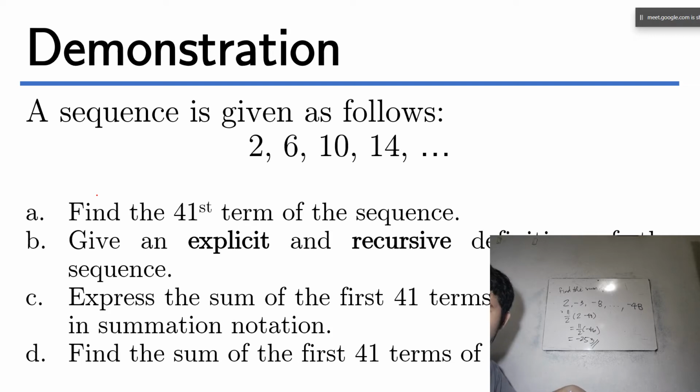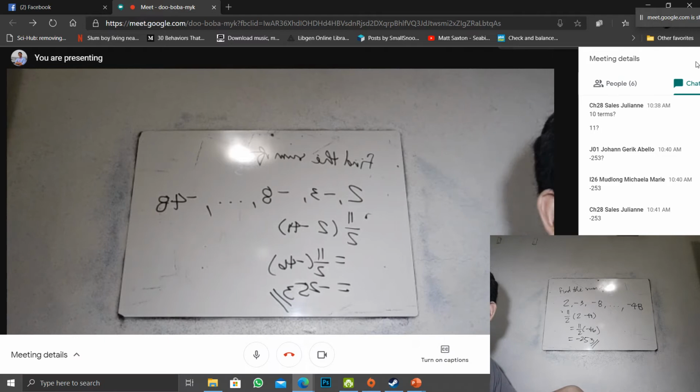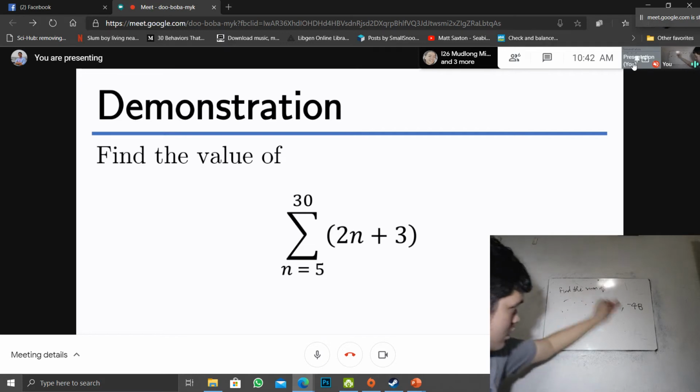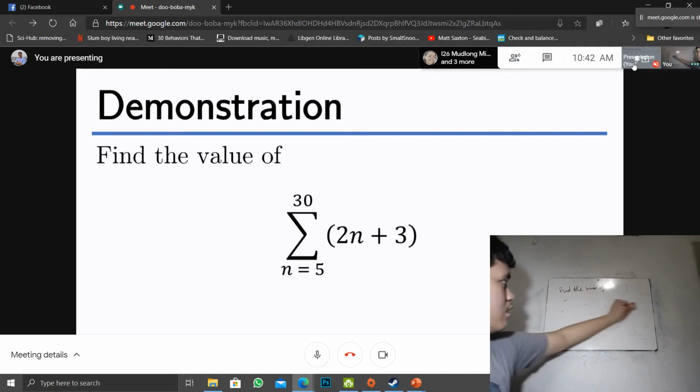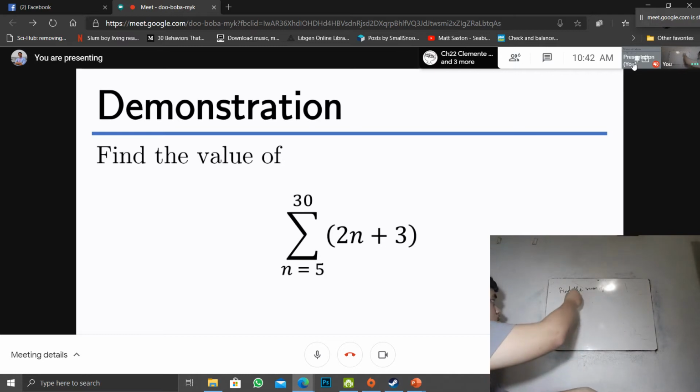Next part, ito. Find the value of the summation given. Find the sum of this, no? Ako na muna. Sige, paano yan? 2n plus 3.